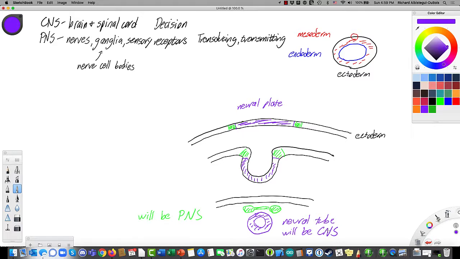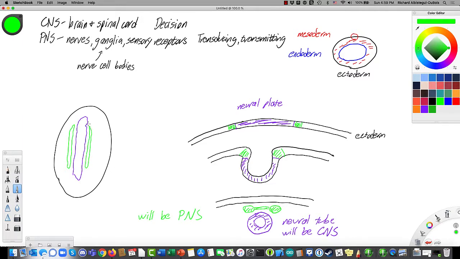So if we imagined looking at our sort of growing embryo here, this neural tube is now running up and down the length with our split off peripheral nervous system stuff sort of along the sides. It's got this hollow space running up the middle.